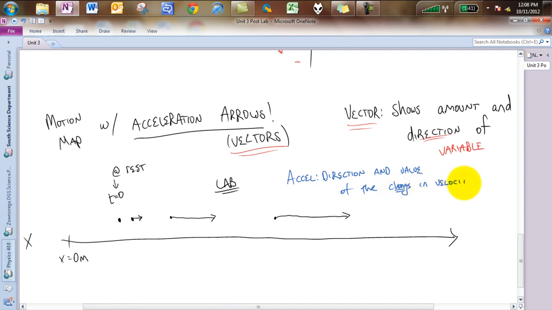Remember, we were talking about a change in velocity. So I'd ask myself, what is my change in velocity from here to here? And you're going to notice that it's a value, and then I would have to ask myself, what direction is that change? Well, I started with 0 velocity, and I gained velocity in that direction.